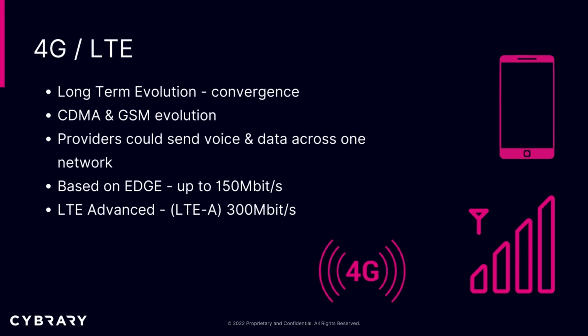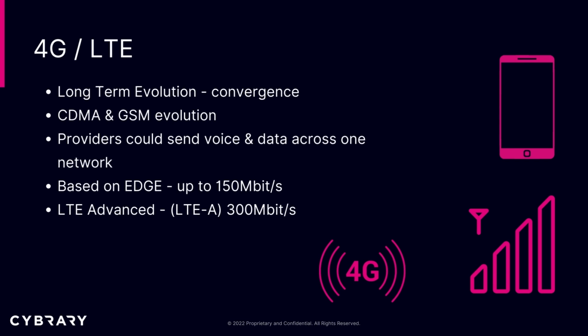Prior to 4G, we had both the GSM and the CDMA providers. This posed problems because some users wanted to use different networks or move between providers. LTE converged these standards. Providers that were either CDMA or GSM could now send voice and data over LTE. So LTE was a convergence of the two.